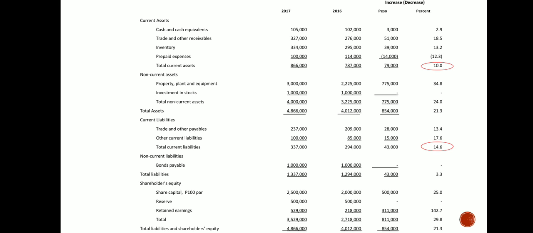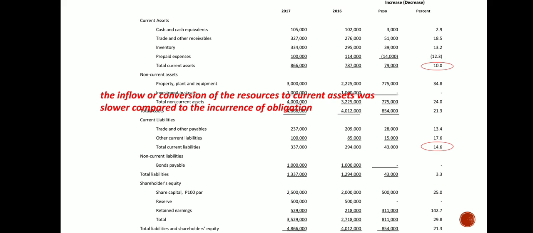So this could indicate that the inflow or conversion of the resources, the current assets, was slower compared to the incurrence of obligations or current liabilities.